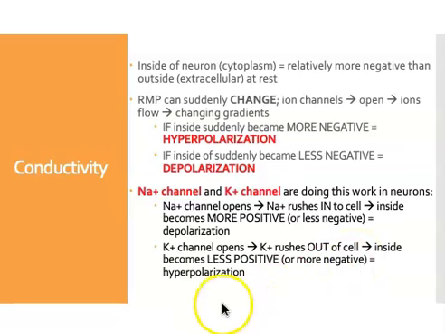And that's the state that we call hyperpolarization. If you can learn this information right here in the bottom half of this slide, you'll be well on your way to understanding generation of electrical current.